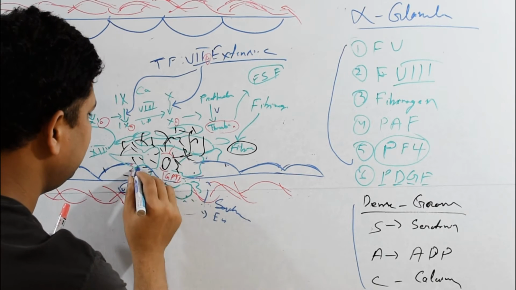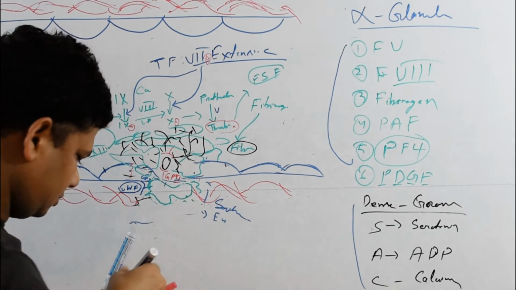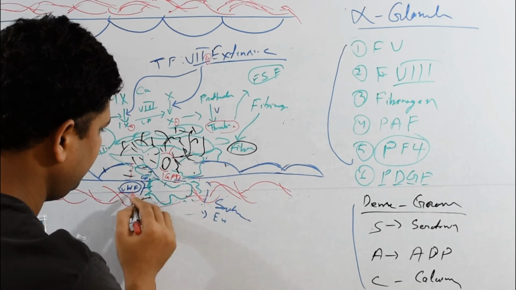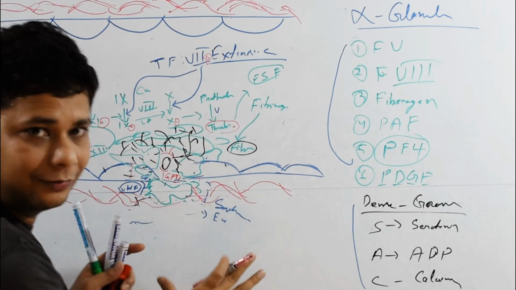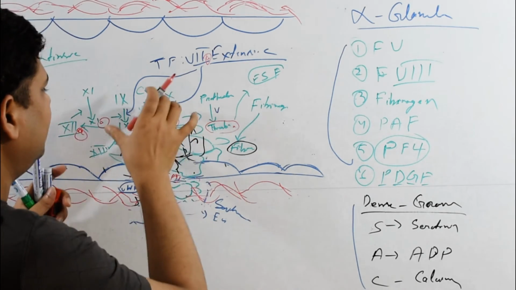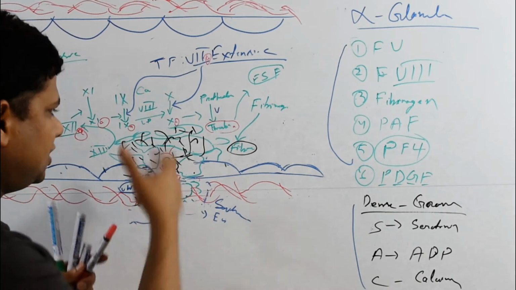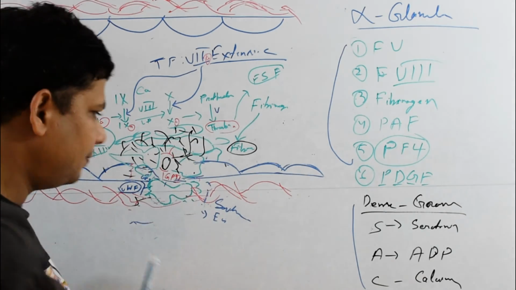When these cells are finished growing, these clots need to be dissolved. How do these clots get dissolved?